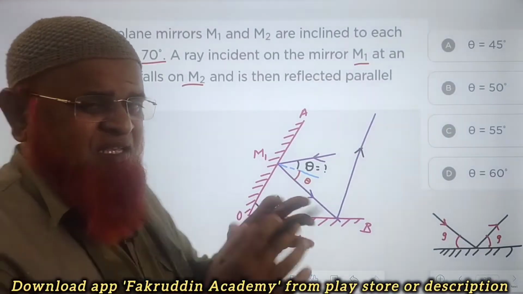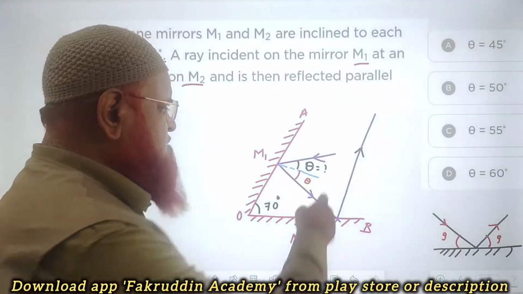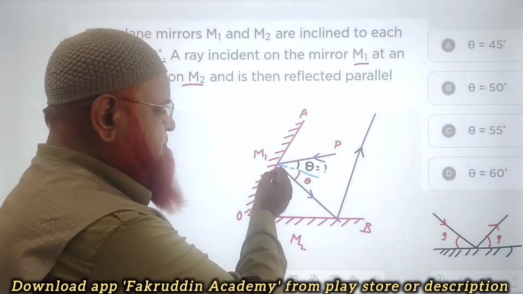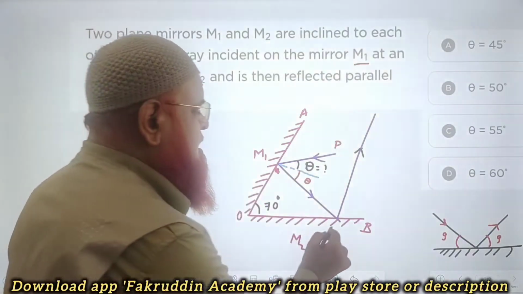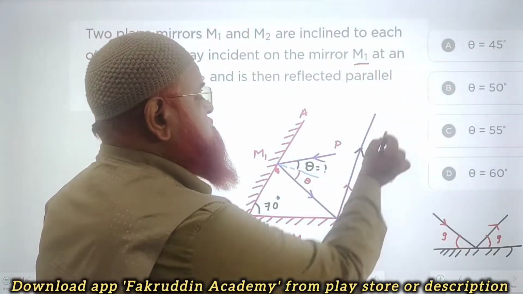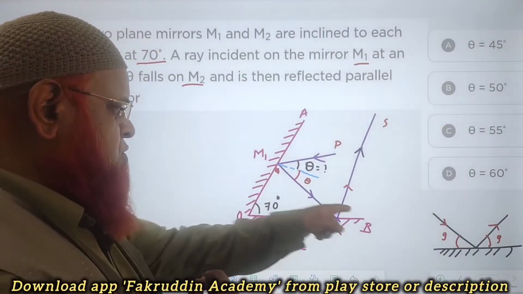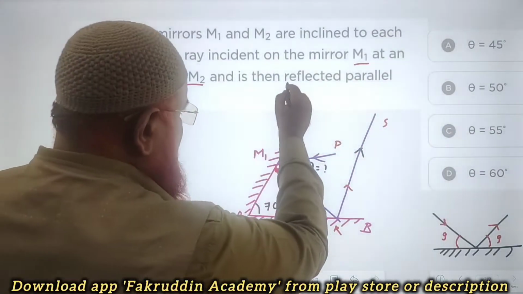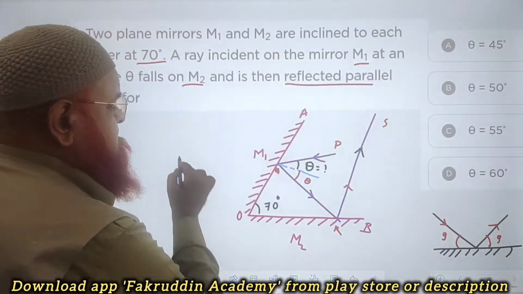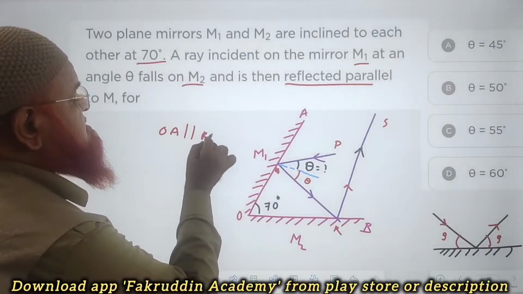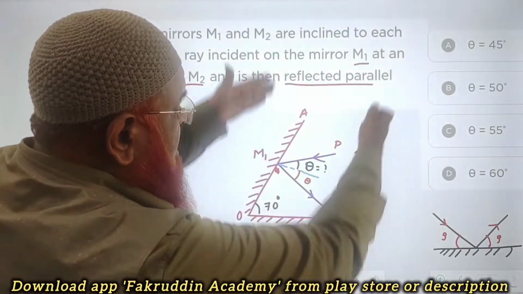Okay, so what is the condition here? You just see. तो एक लाइट रे जो है ना यहाँ से शुरू हो रहा, it is P और यहाँ पर स्ट्राइक होके फिर रिफ्लेक्ट हो रहा, this is R, again it is reflected back in this case, so this is taken as P Q R. But the condition given here is OA is parallel to R, that means these two light rays are parallel.